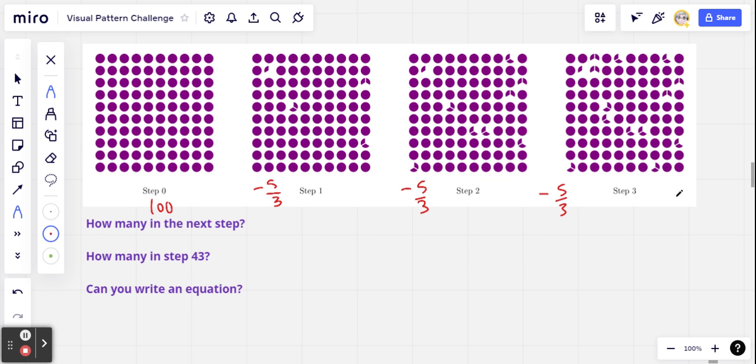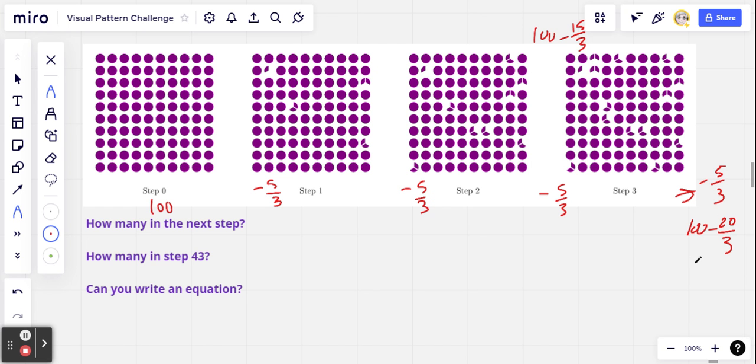So in step 4, we're just going to subtract another 5/3, but we have to figure out how many there are here to begin with. In step 3, there are 15 thirds missing. So that's 100 minus 15 thirds. And what we want really is 5/3 more subtracted. So we're going to say 100 minus 20 thirds, because that's another 5/3.